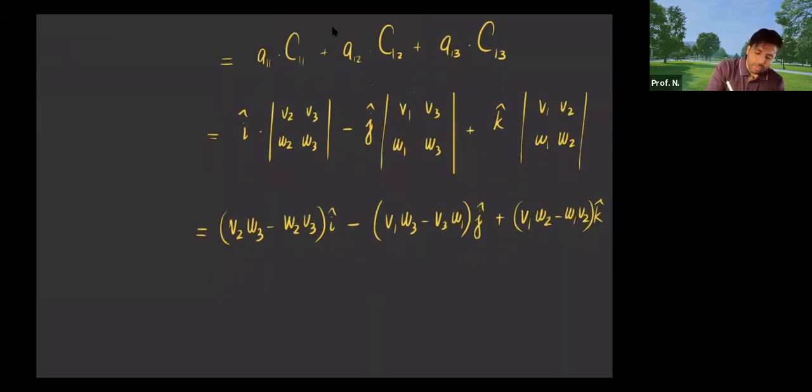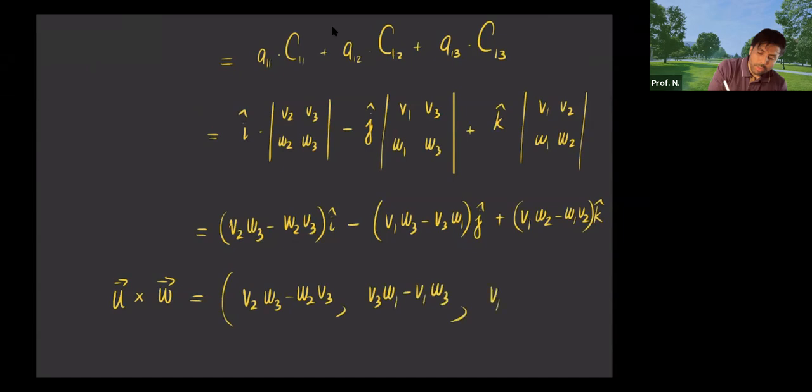So what we just found was that u cross product with w equals the vector V2 W3 minus W2 V3, comma, I'm going to distribute the negative, so this becomes V3 W1 minus V1 W3, comma, V1 W2 minus W1 V2.